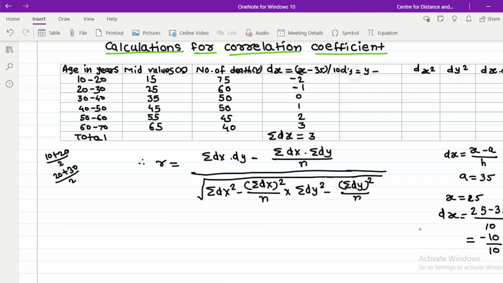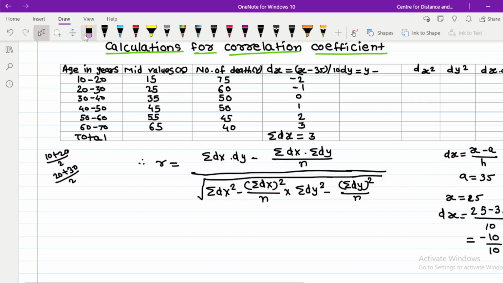Similarly, here we have to find the value of dy.